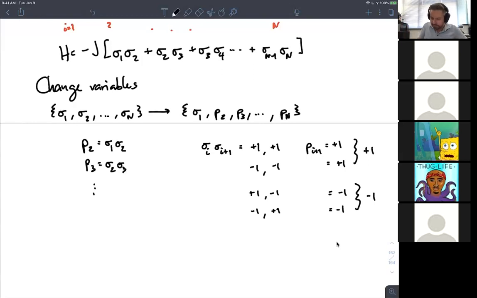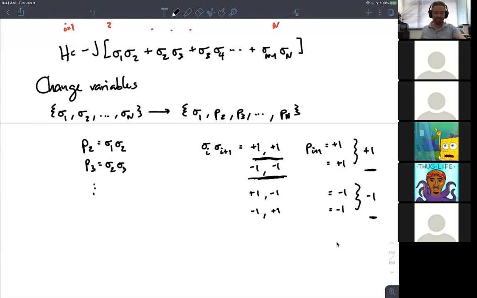But for each of those values, there are two possible spin configurations that will give it to you. For plus 1, they can either be both up or both down. And for minus 1, they can either be like this or like this. So each P value corresponds to two possible spin configurations.